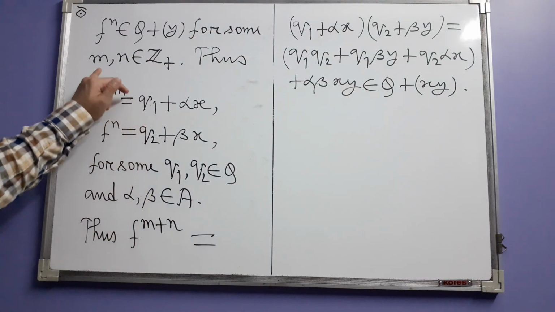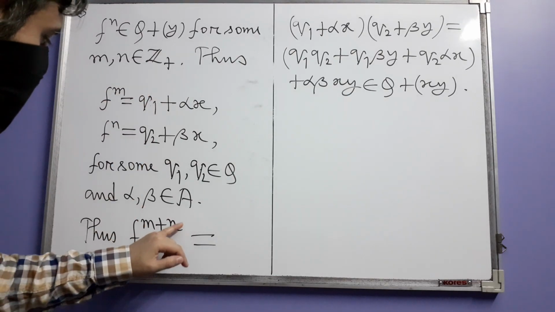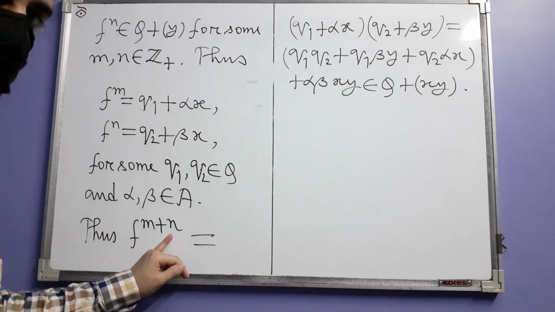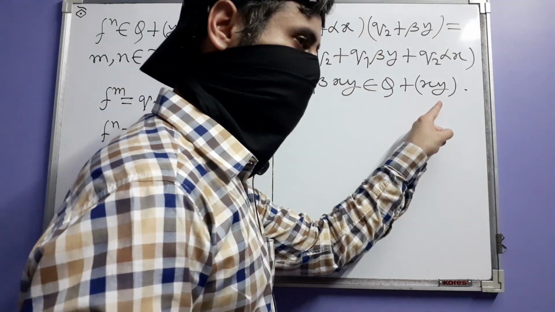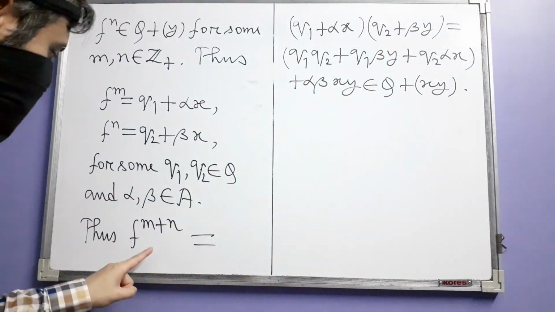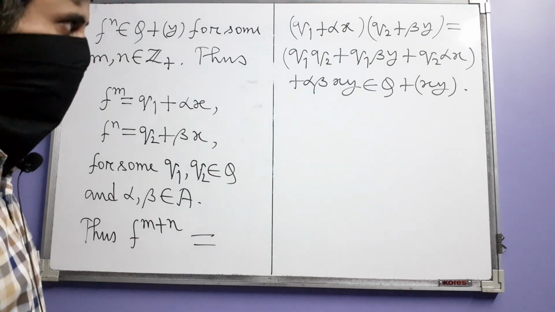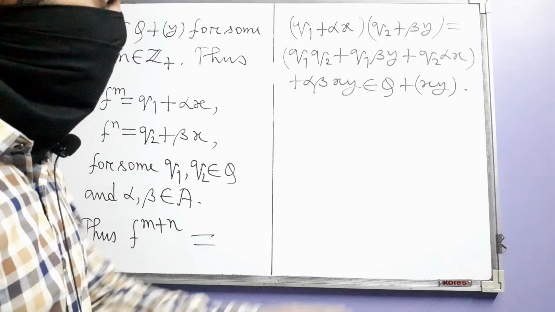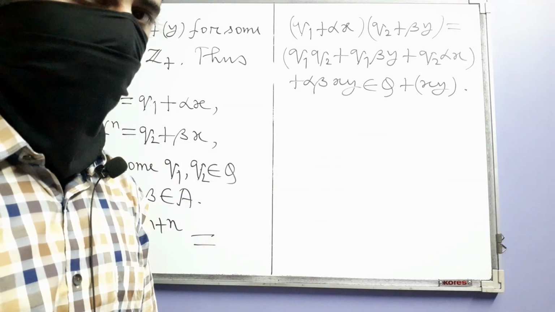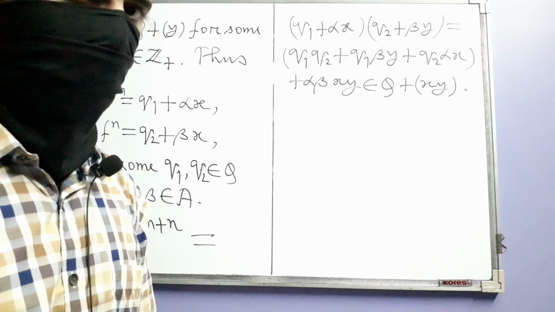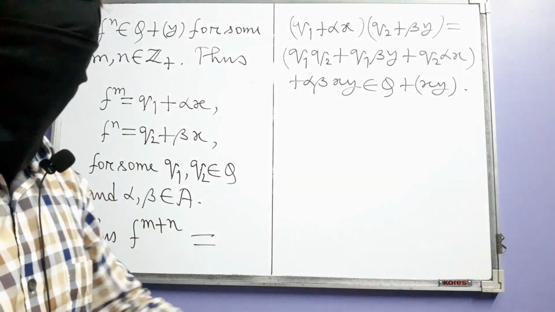Now, what were m and n? M and n were positive integers, so their sum is also a positive integer. So you see that this is an ideal of our ring which contains a positive integral power of f, which means that this cannot be in sigma, because the elements of sigma are like that.